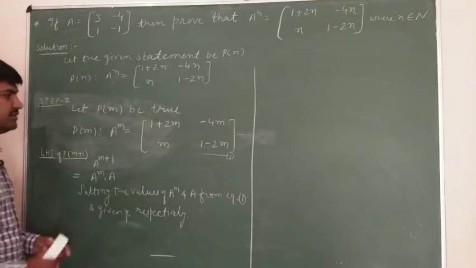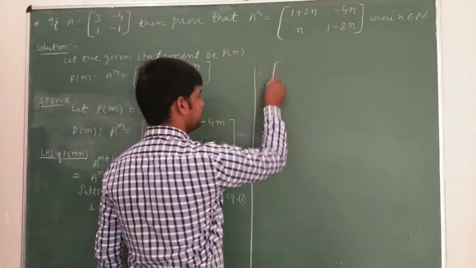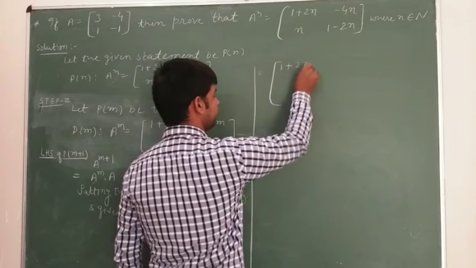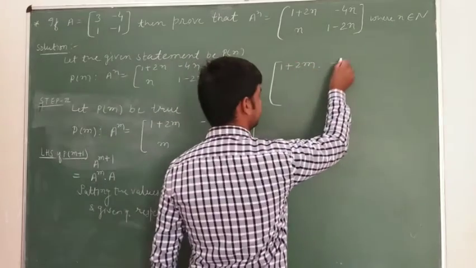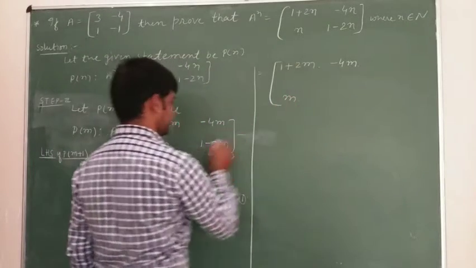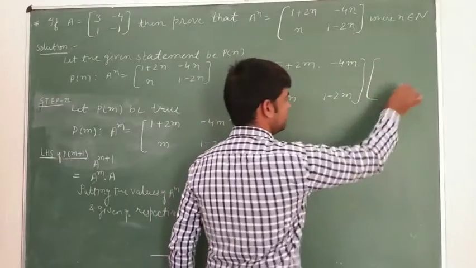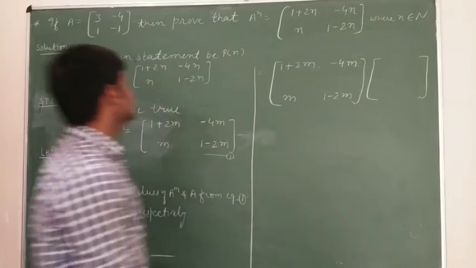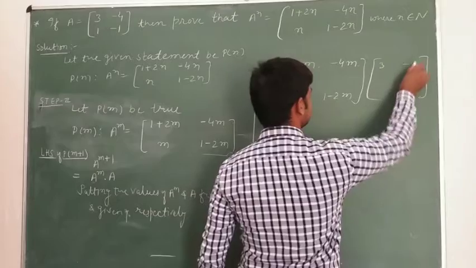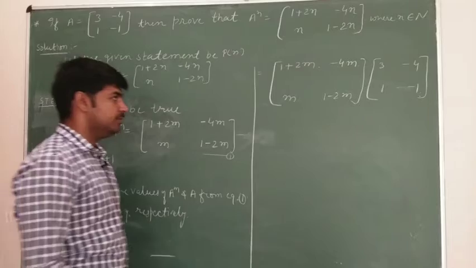First I am putting the value of A raised to the power m, which is available in equation number first. The value of A raised to the power m is 1 plus 2m, minus 4m, m, and 1 minus 2m, and the given value of A is 3, minus 4, 1, minus 1. We have put both of the values.